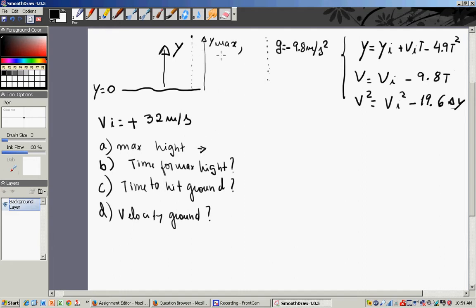Well, first of all, we want to find the maximum height. The ball is thrown with the initial velocity upward, which means in our equation, our initial velocity must be written as positive 32 meters per second.